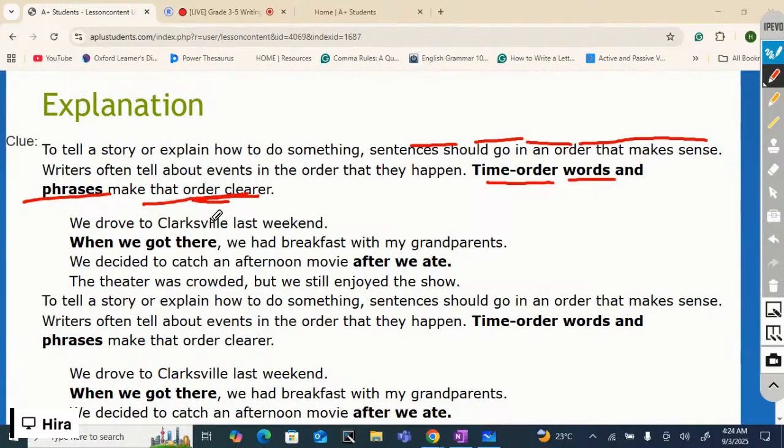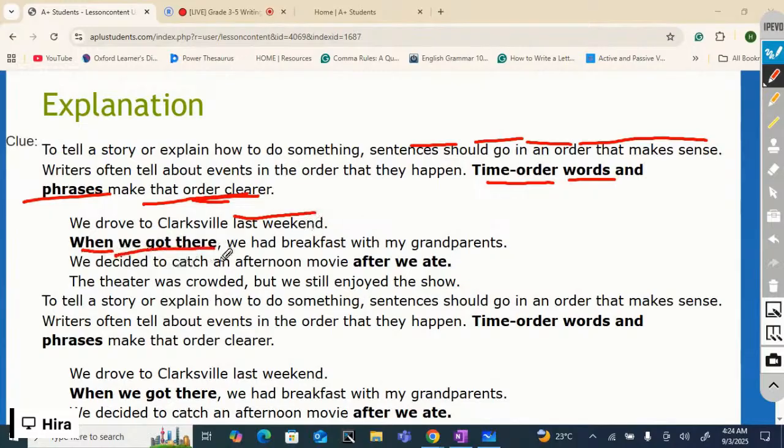We drove to Clarksville last weekend. When we got there, we had breakfast with my grandparents. So, last weekend is a time order word. When we got there is a phrase.